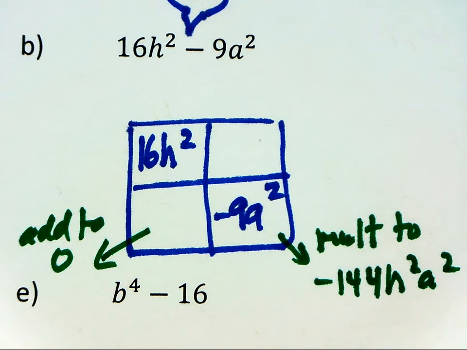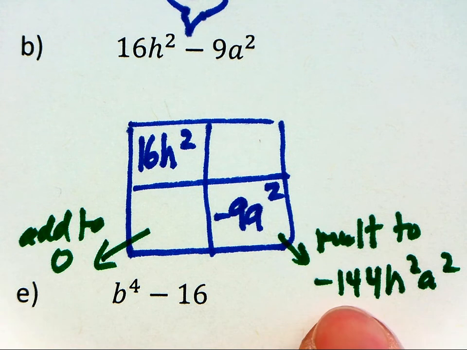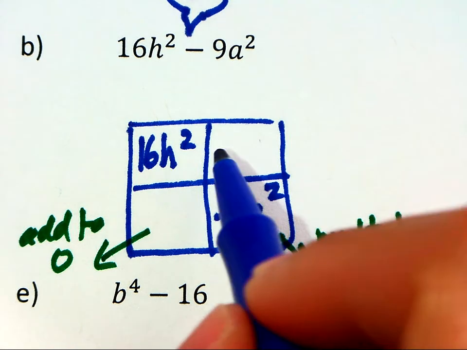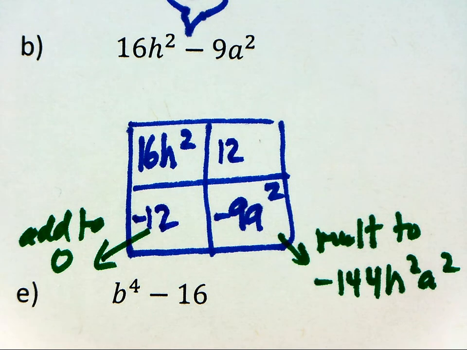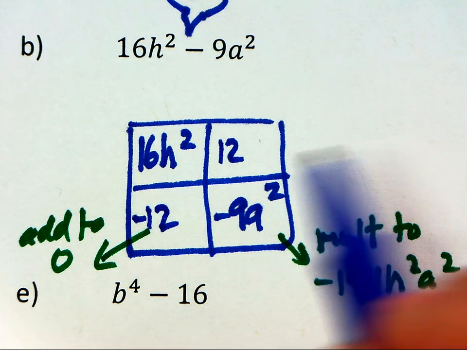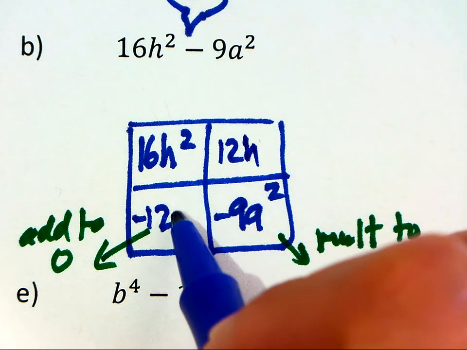Okay, that's awful. Because this is a negative 144, it becomes pretty clear to me that one of these has to be a positive 12 and the other has to be a negative 12. They each probably need to contain a power of h and a power of a.